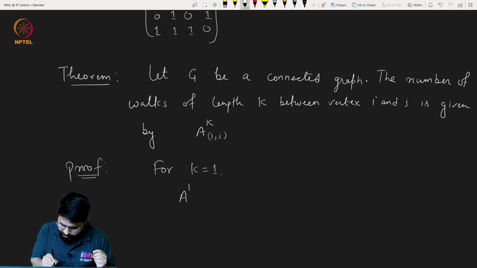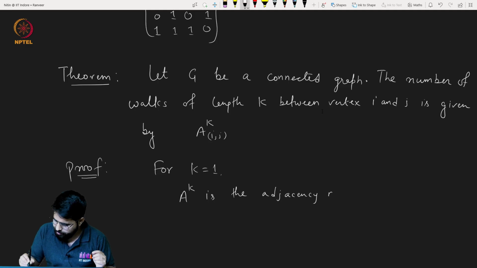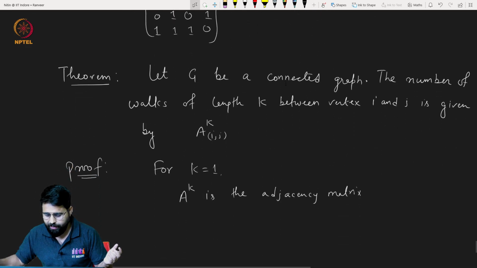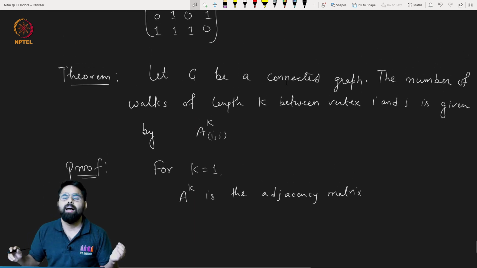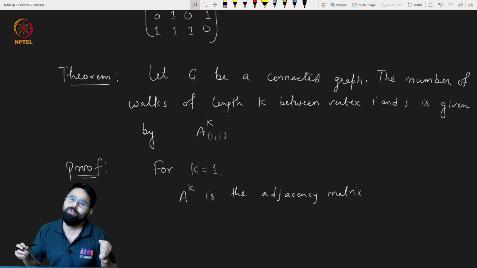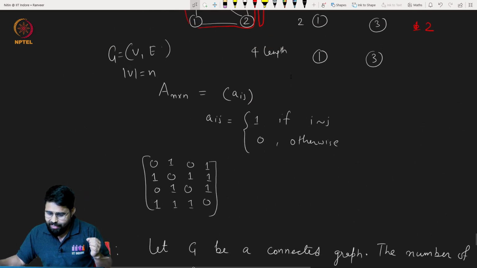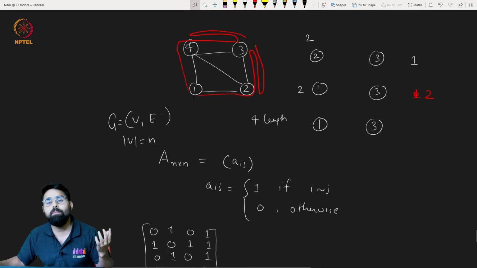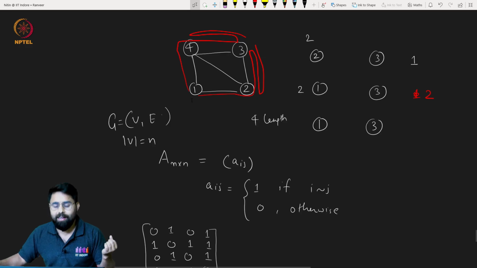By the definition of the adjacency matrix, the way we have defined it, it indeed gives the number of walks of length 1 between any two vertices. How many walks of length 1 are there between 1 and 3?